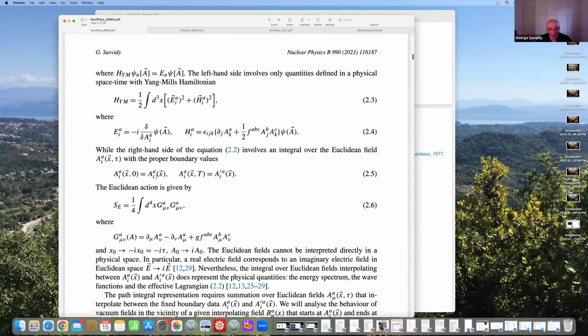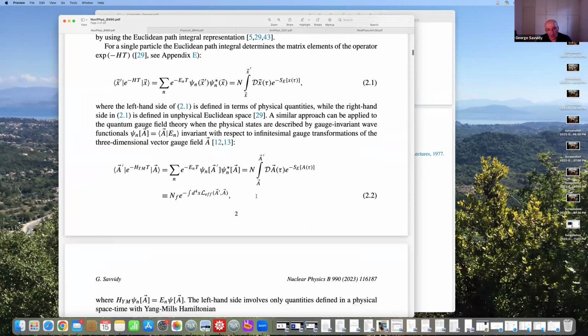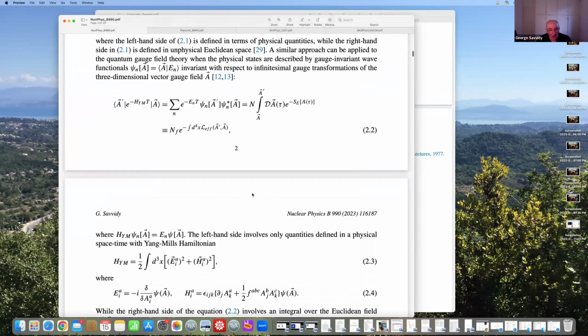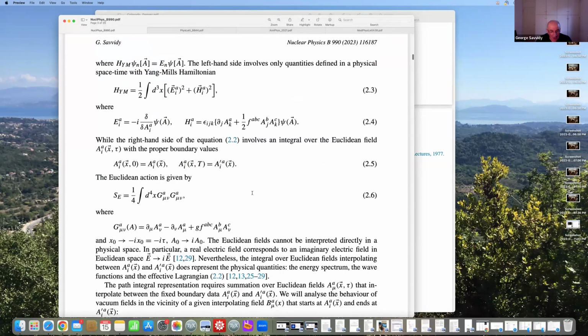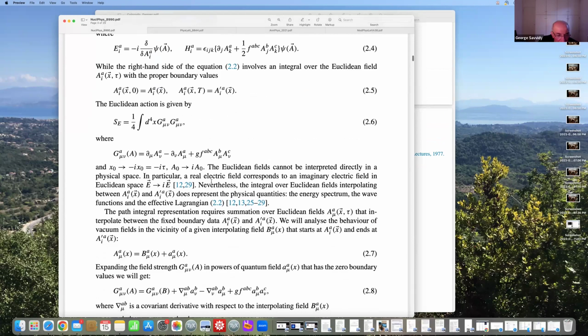So at 0 and at T are these two values, because the integral is coming from A to A prime.